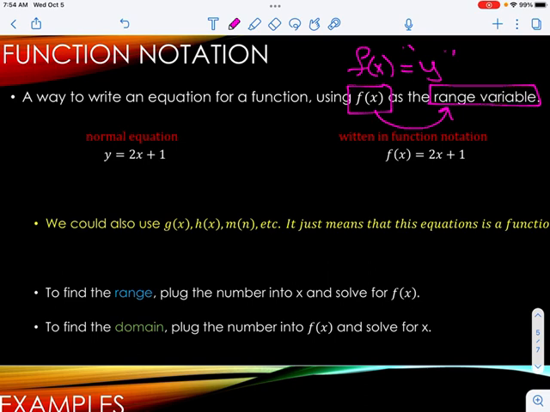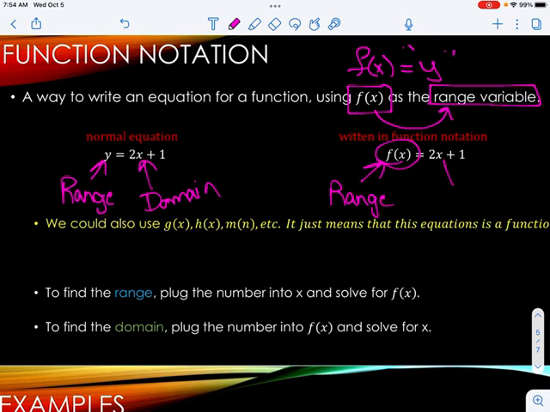Okay, so in a normal equation, the y is our range and the x is our domain. Well, in function notation, the f of x is my range and the x is my domain. So you might be asking, then why do we write it like that? Well, we can use different letters to represent the different functions.